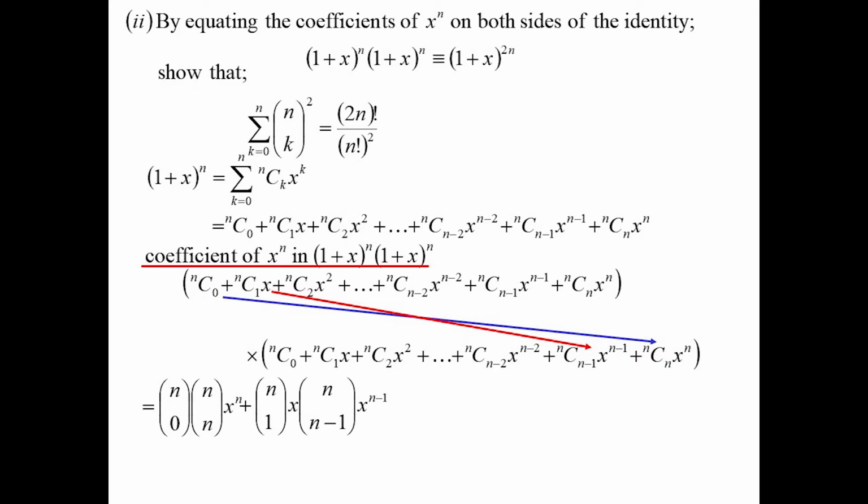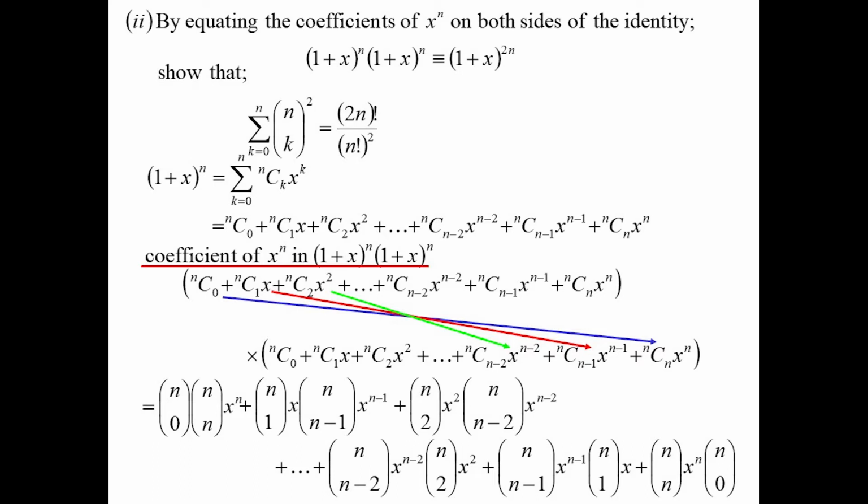So I get nC1 x times nC(n minus 1) x to the n minus 1. That'll become x to the power of n. nC2 x squared, that'll be times the x to the n minus 2. And I'll keep going and keep going until I get to the end, and I'll get nCn x to the n times nC0.